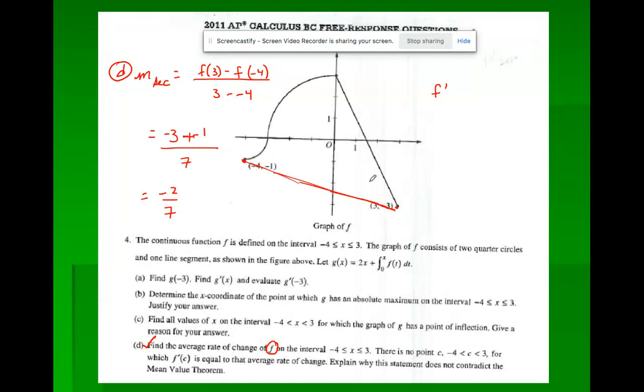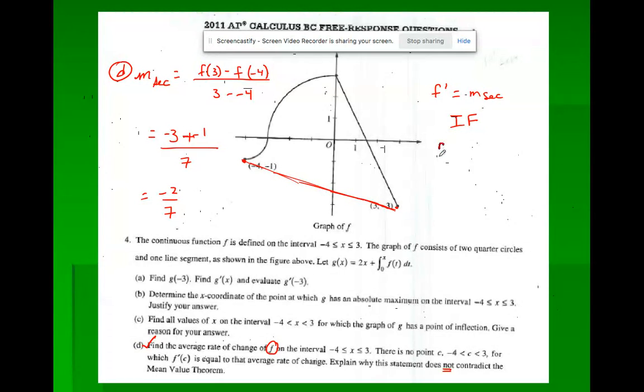Explain why this statement does not contradict the mean value theorem. The mean value theorem guarantees a slope of the tangent, right? The slope of the tangent will equal the slope of the secant if, remember I told you they were going to test you on the conditions of the mean value theorem. If what?